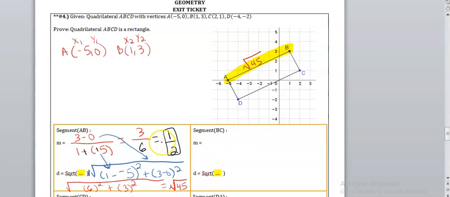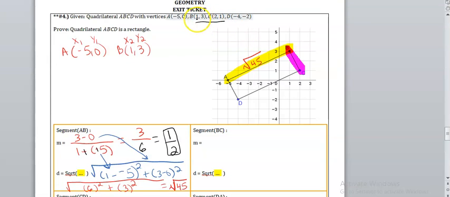Then we're going to need to do the same for BC. I'm going to mark that out in purple. Same thing, same formula. We already know what B is, and C is 2, 1 right here.